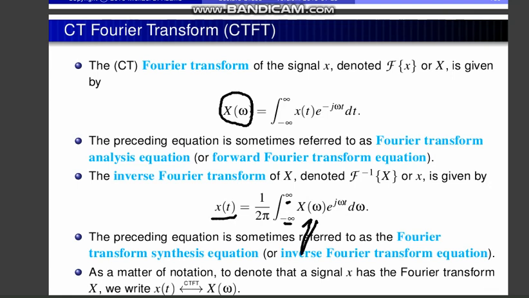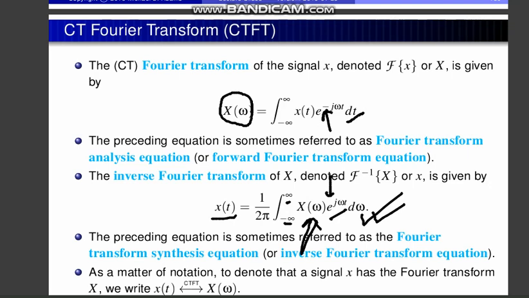One thing is quite notable. In the Fourier transform there is e to the power minus j omega t, but in the inverse it becomes e to the power plus j omega t. These two equations are quite similar, but the Fourier transform integrates with respect to time, while the inverse Fourier transform integrates with respect to omega, or frequency, that is, d omega.